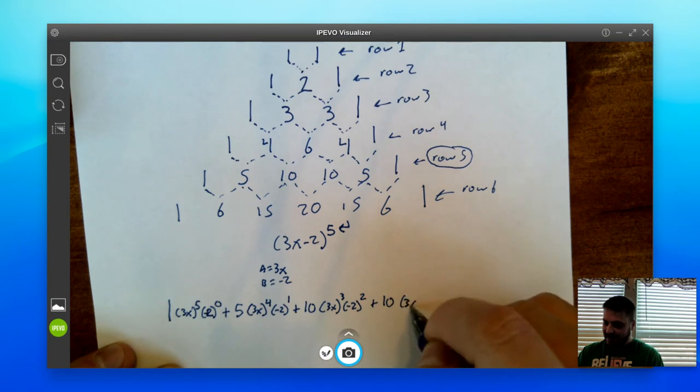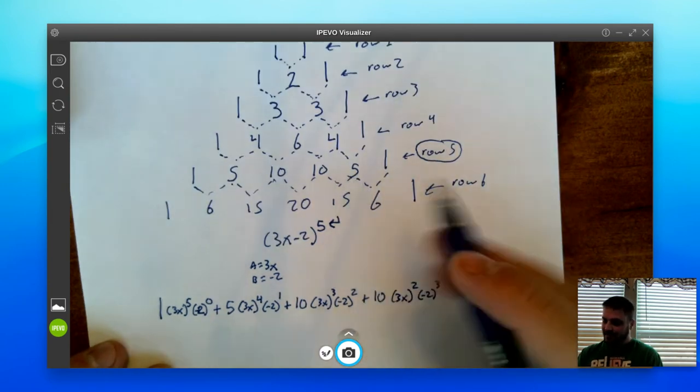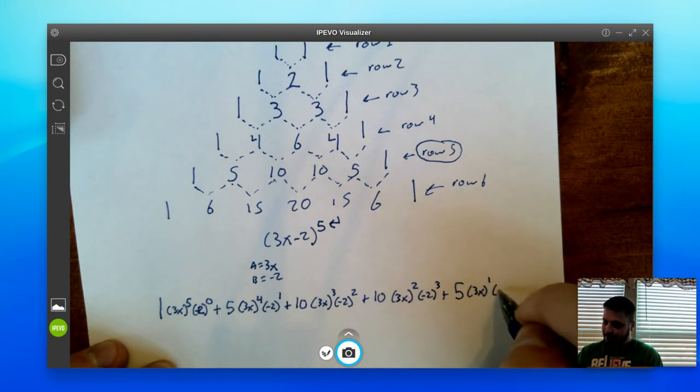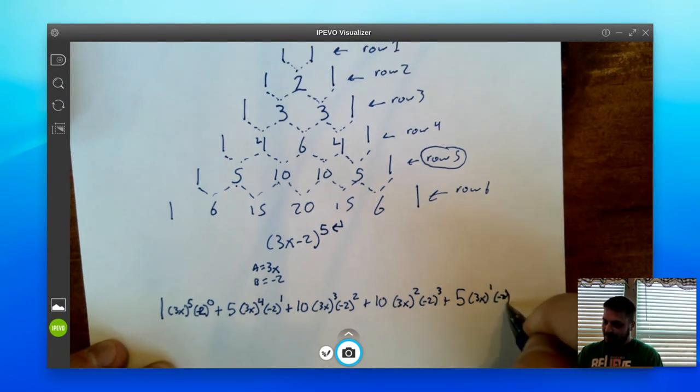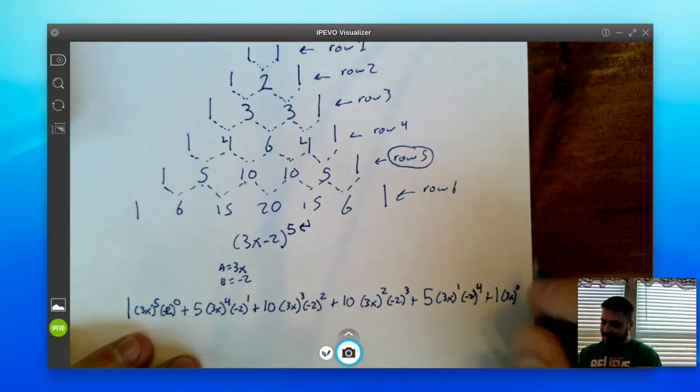This time, again, A, 1 less power, squared, B, 1 more power, to the third. Next number in the row, a 5. A, which is 3x, to 1 less power, 1, B to 1 more power, 4. And finally, the last number in the row, 1. This time A is to the 1 less power, which in this case is 0, and B is to the 1 more power, 5.